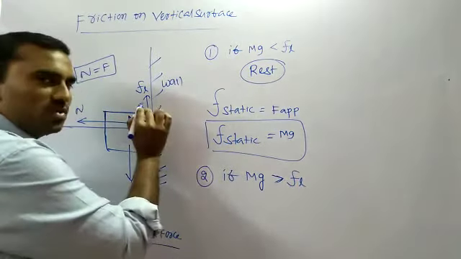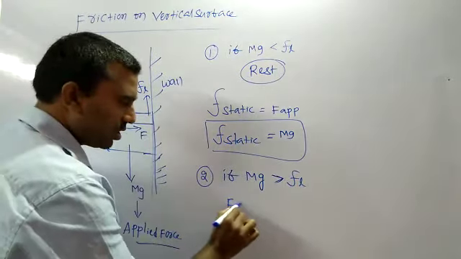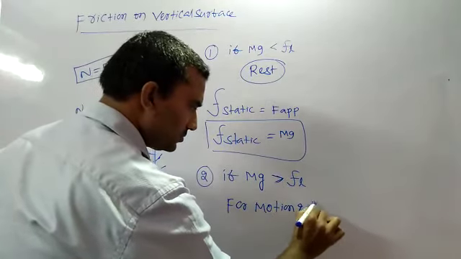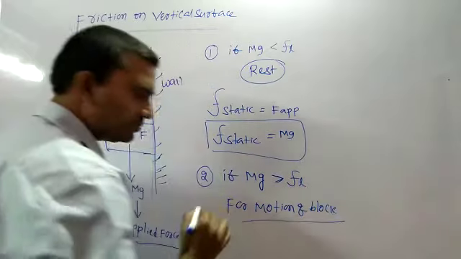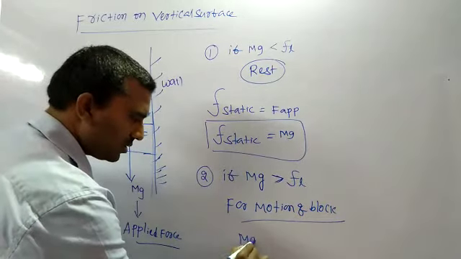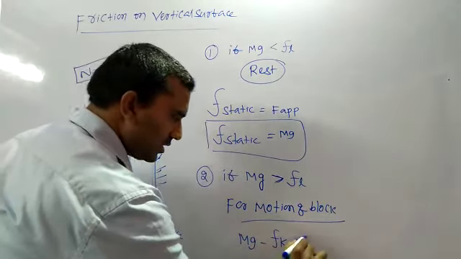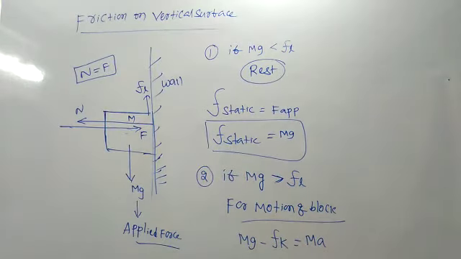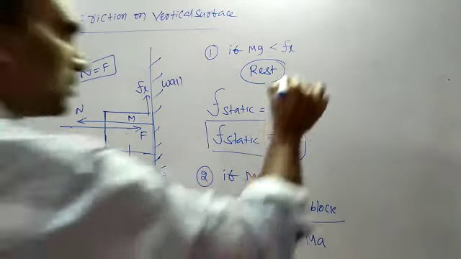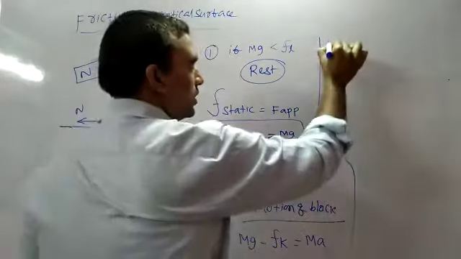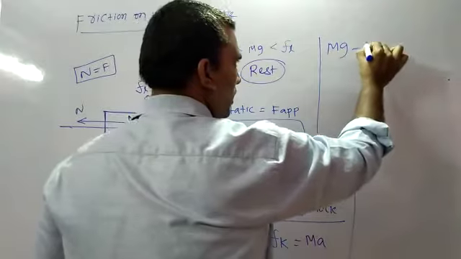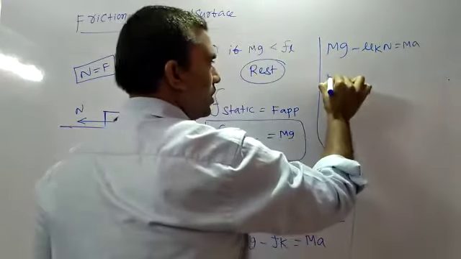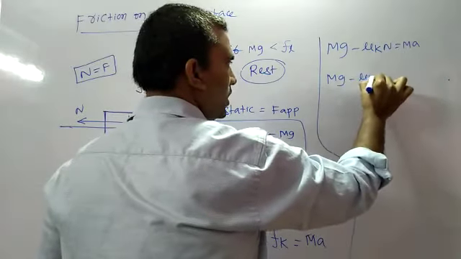For the motion of the block, mg minus fk is equal to ma. Now fk is mu k into N.